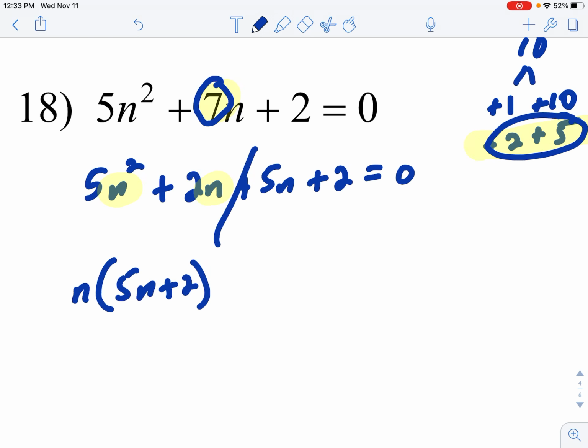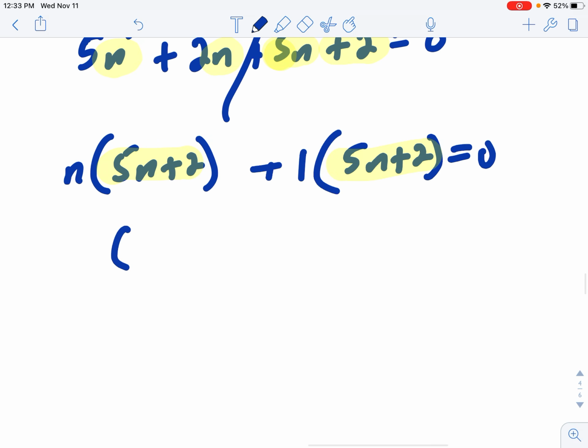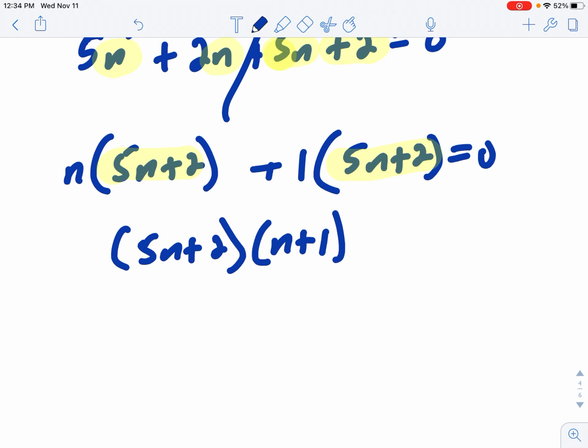And what can you factor out of the second half? Really nothing. If you can't factor anything out, you just factor out a 1. And that's okay because these match, and that's what we want after all. So we have 5n plus 2, and then n plus 1. Remember, what's left over here and here becomes the second factor.